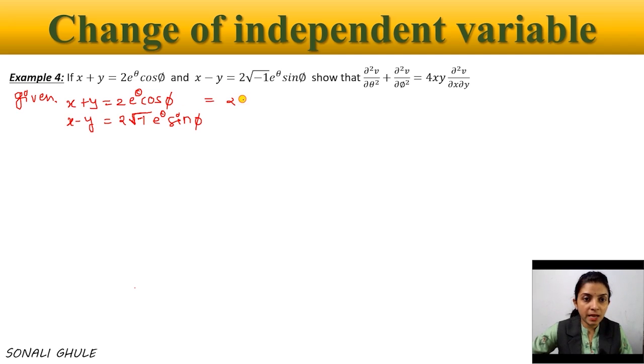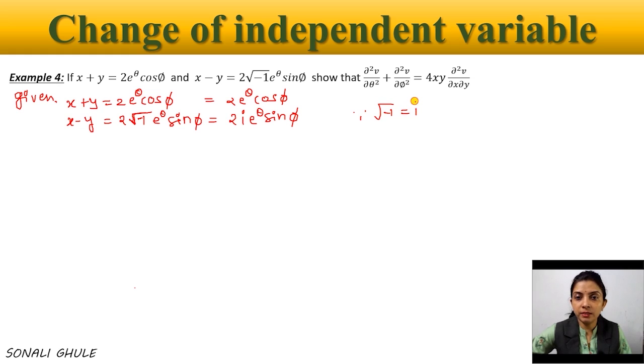So this term is as it is, there is no correction. But here, instead of root minus 1, I am going to write 2i e to the power θ sin φ, since root of minus 1 is equal to i. Now see, if we add these two equations together, say this is equation 1 and this is equation 2, y will get cancelled.